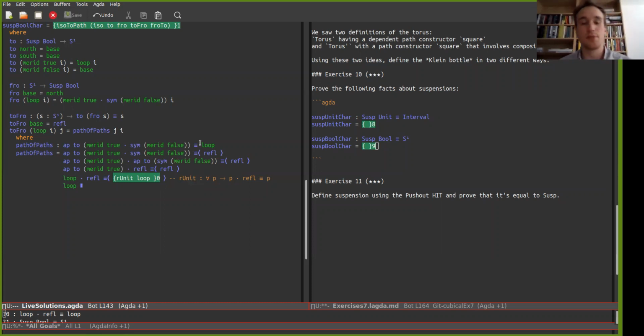Yeah, this is sort of because HComp is defined recursively on what kind of type the problem lives in, and if it's a function type, then... I don't know if that was very helpful.